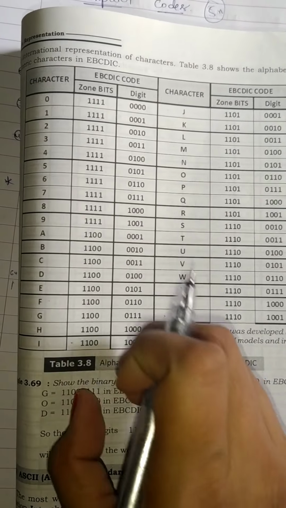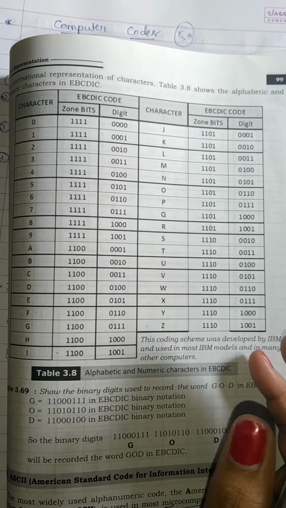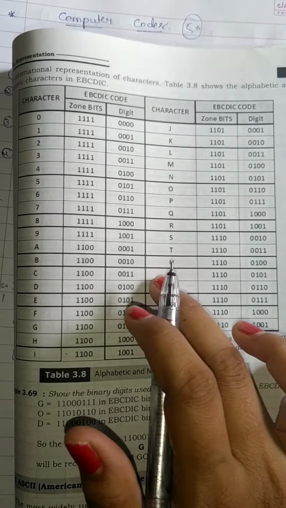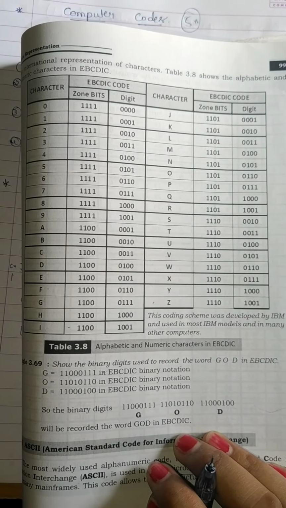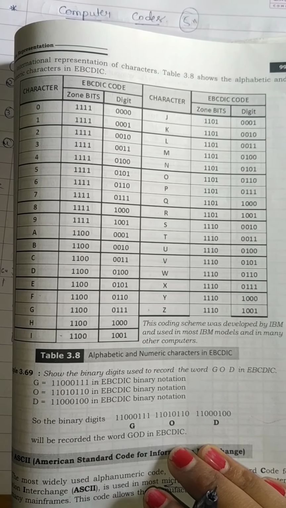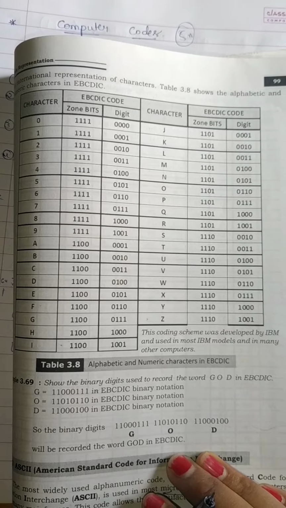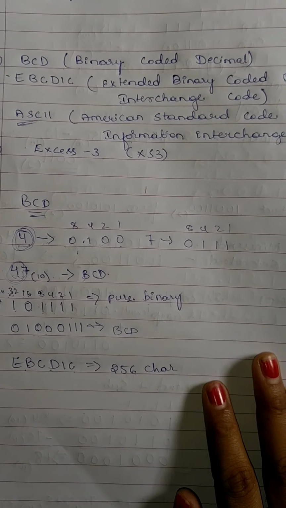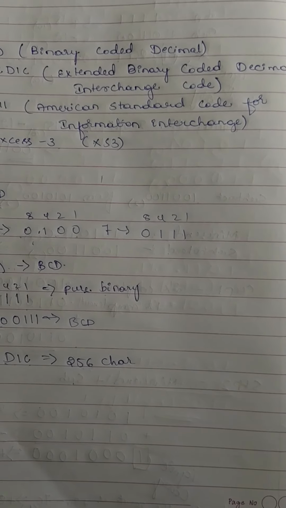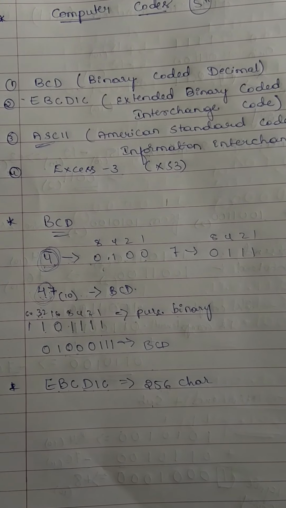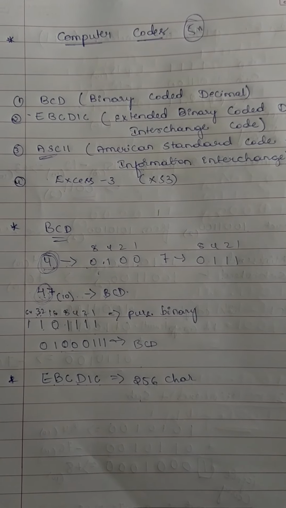Okay, so just go through this table, no need to remember the values. So this is regarding EBCDIC, in order to represent more codes, up to 256 characters. This EBCDIC format is mainly used in mainframe computer systems, to represent higher values.